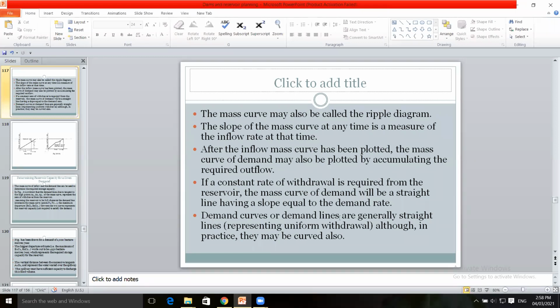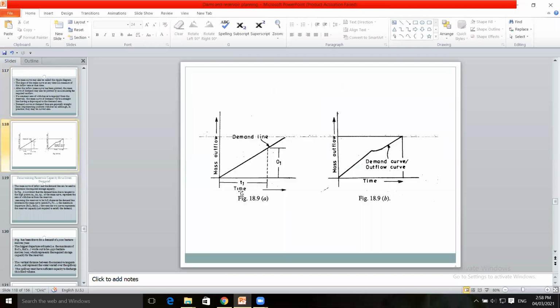Demand curves or demand lines are generally straight lines. They may be curved also. As shown in this image, the mass outflow curve.